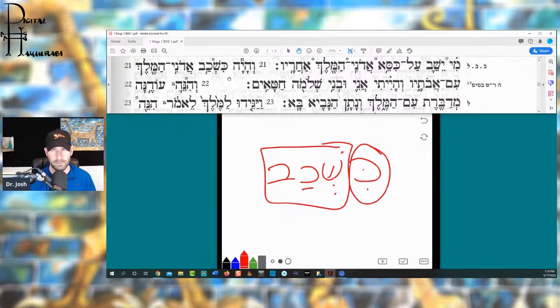We'll get into those later. But shin, kaf, beit is to lie down. So when the lying down of is probably a very wooden way to say that.